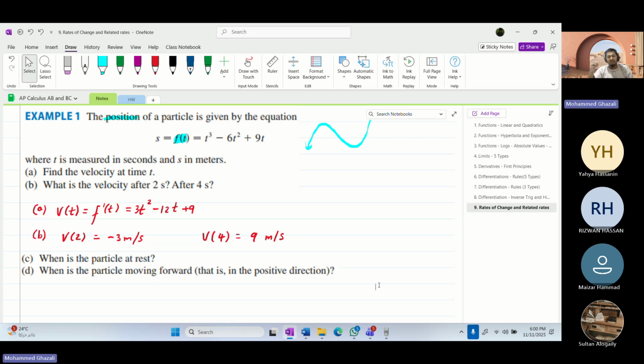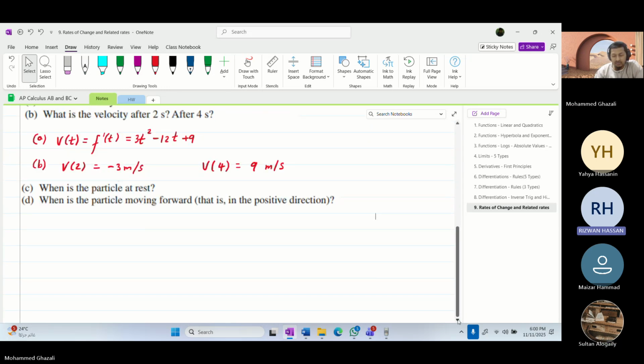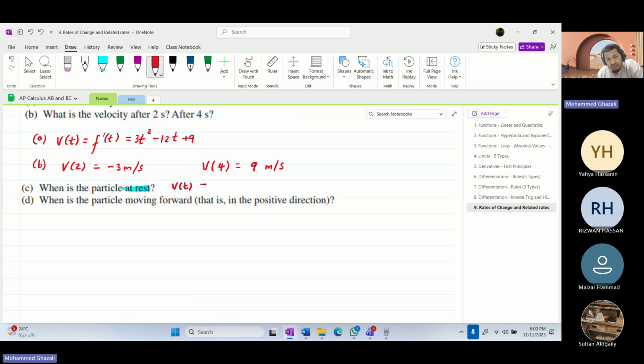When you don't have speed, you stop, you park. So whenever something comes to rest, it means the velocity V of t must be equal to 0. So V of t is 3t squared minus 12t plus 9, equal to 0.